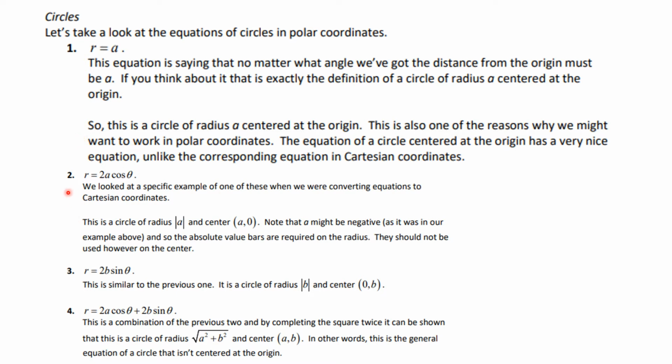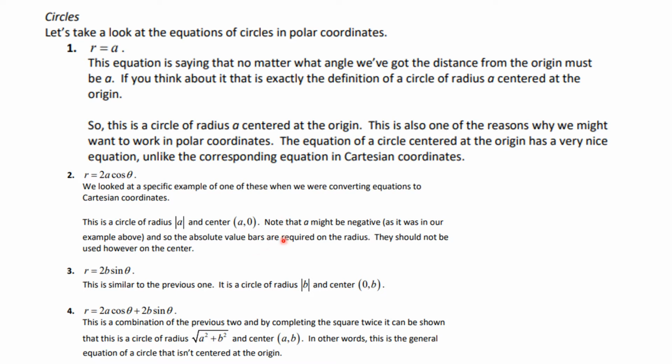Here's another one. Suppose we have r is equal to 2a cosine theta. Now, we did look at a specific example of this when we were converting equations in a previous example in the last lecture. This is a circle of radius the absolute value of a, and I'm saying the absolute value because a could be negative, and it has center at (a, 0).